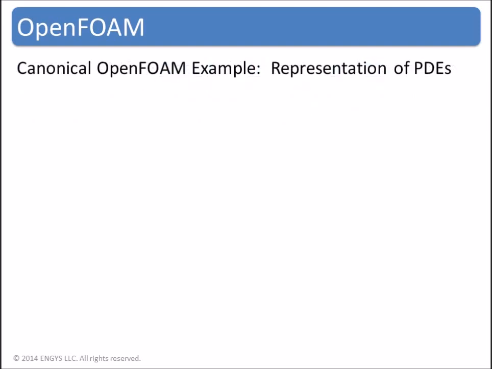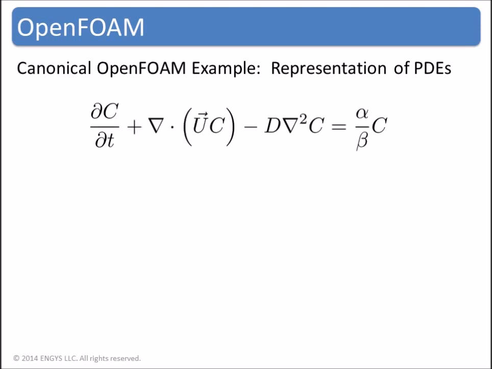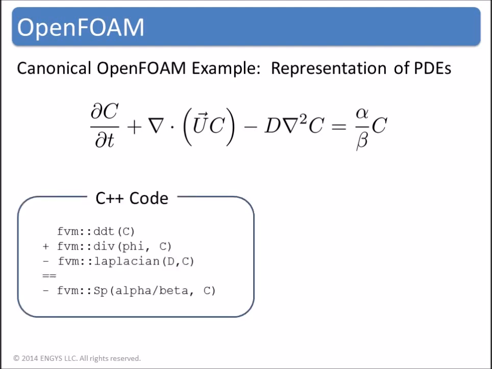So kind of an example of OpenFOAM and its power, the canonical OpenFOAM example is the representation of partial differential equations. If we take this simple transport equation for a scalar C, the C++ top level code that would represent this is shown here. We have time derivatives, we have divergence terms, we have Laplacian terms, we have source terms.